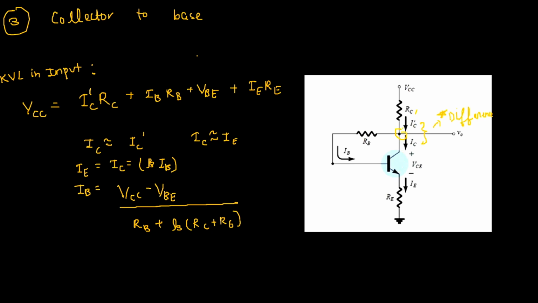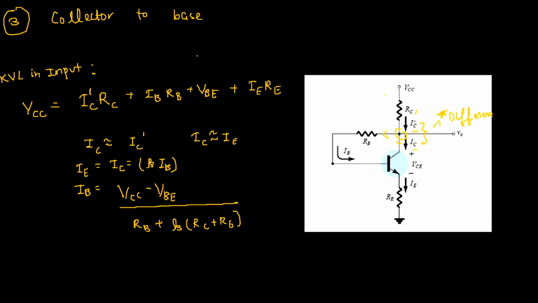But now the current is splitting at this point. Some of this current goes through the base resistor while some of it flows into the transistor, due to which we have to label these two using different variables. We use IC dash over here and IC over here.